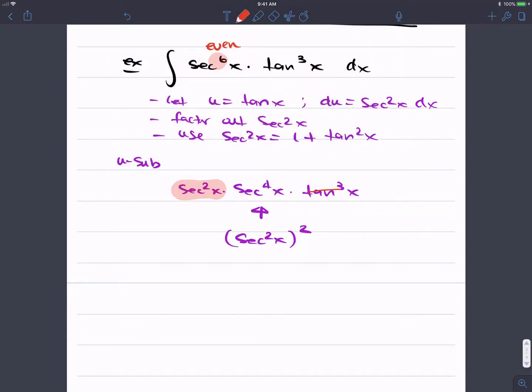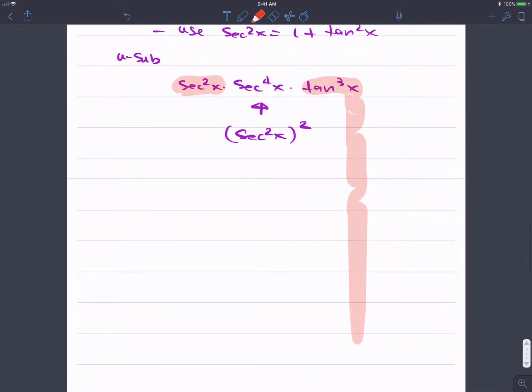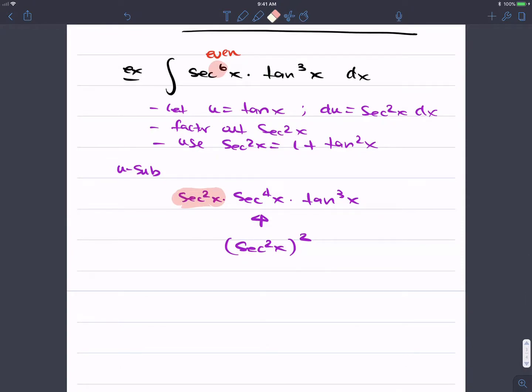We got tangent to the 3rd power, and if u is tangent, this portion really becomes u to the 3rd power. And don't forget, I now have to replace secant squared with 1 plus tangent squared x.